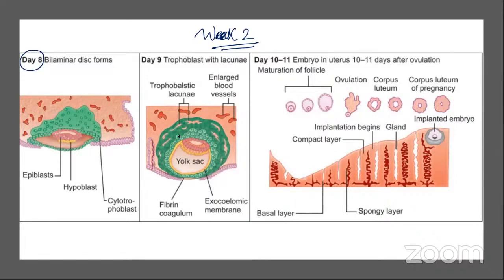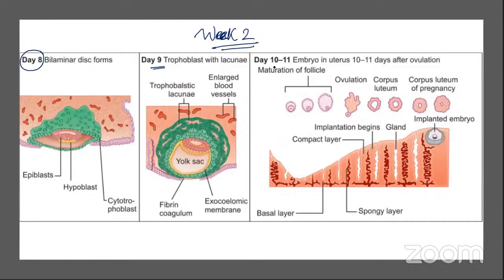Over there, you can see a lot of vacuole formations. That is the lacuna. So trophoblastic lacuna formation in the syncytial trophoblast happens on day 9. Same time, you can see the yolk sac is clearly visible.